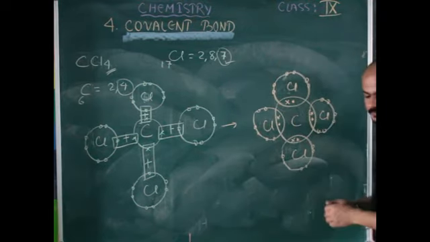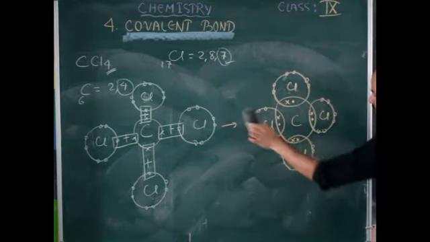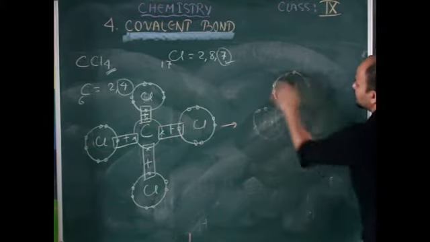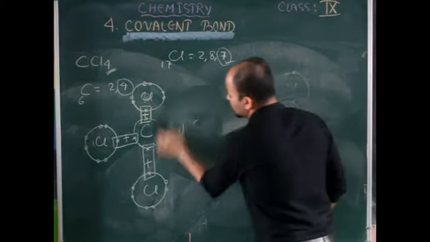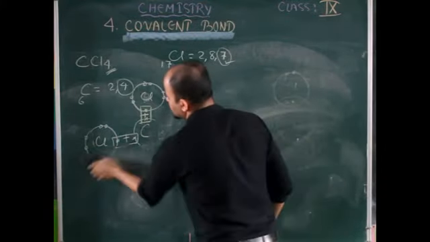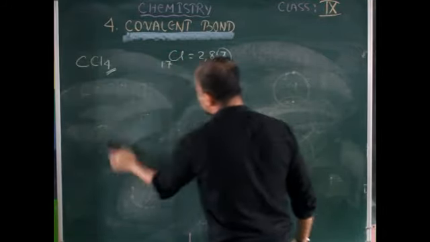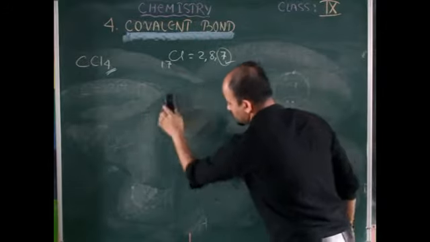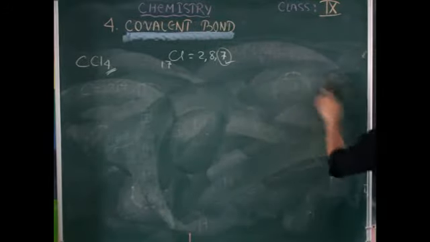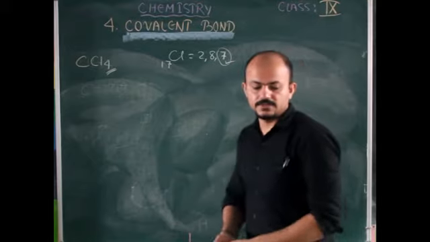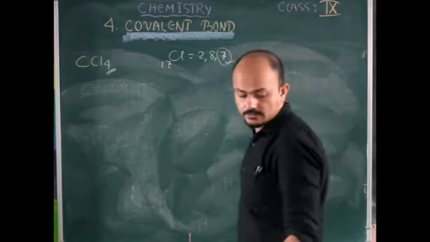Now let me draw the electron dot structure of this particular compound. So once again, let me remind you, I have been reminding you again and again, and this is so important. Please remember that for an electron dot structure, you always consider only the valence electrons.